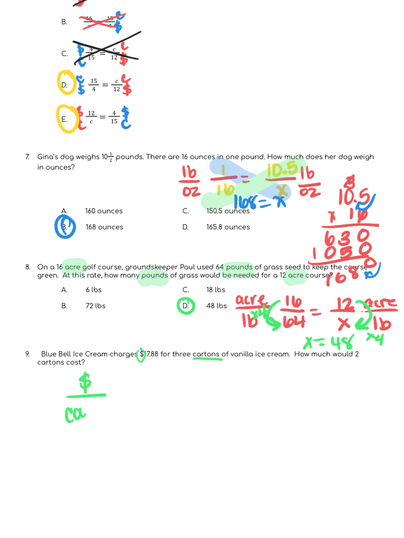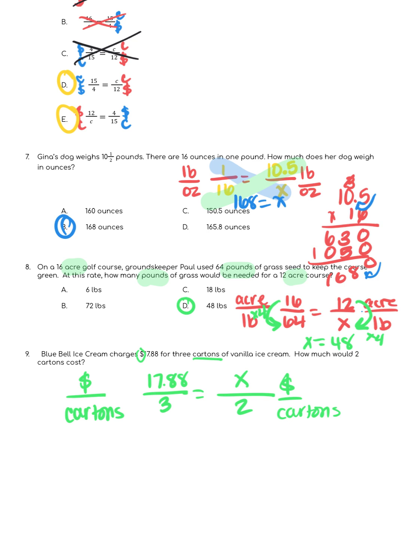So that's exactly what I'm going to label this. Now, $17.88 goes with 3 cartons, and I want to know how much money, so I don't know that, for 2 cartons. And from there, I could do cross products.